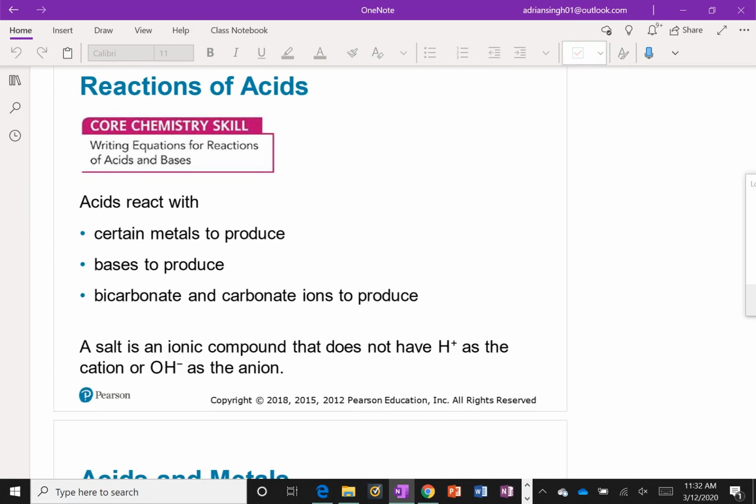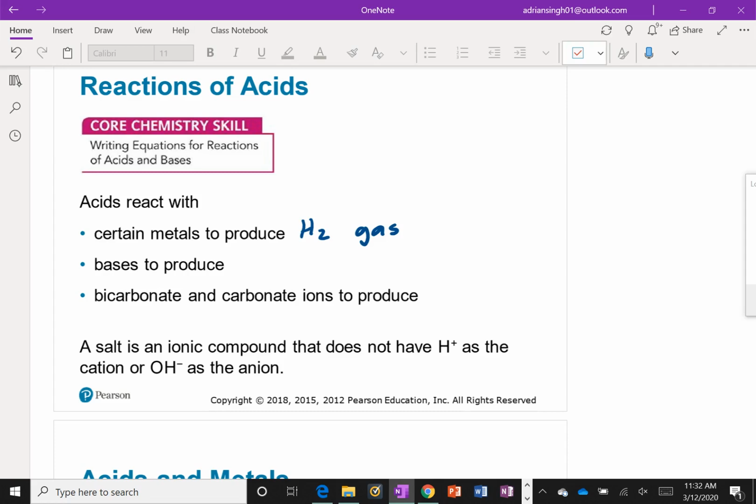Acids generally can react with different things, and the products that they produce are going to be different as well. For example, acids can react with metals to produce hydrogen gas. In other words, they liberate hydrogen, and that was one of the reactions we did in lab.